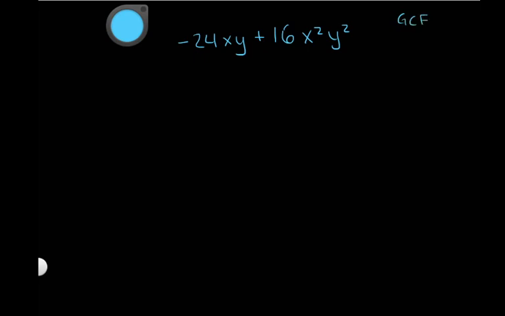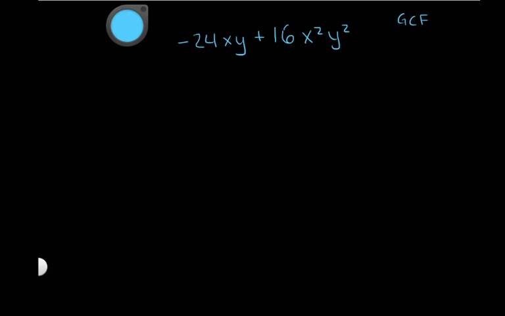So let's say we have negative 24xy plus 16x squared y squared. So I need to find the greatest common factor between 24 and 16.